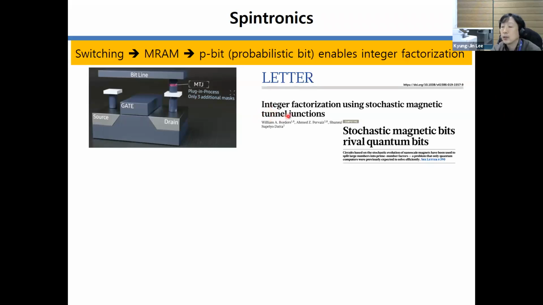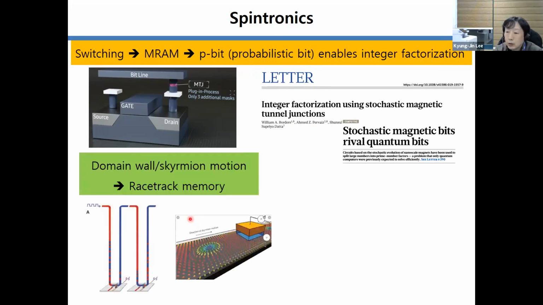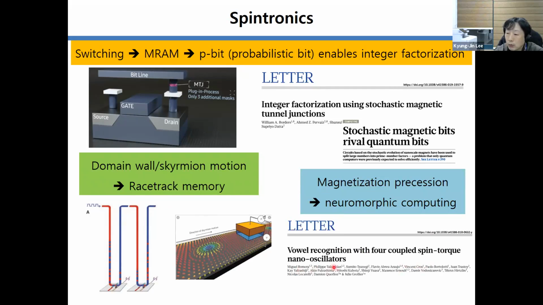One example is integer factorization using stochastic magnetic tunnel junctions, called p-bits. Also, there are ongoing efforts for realizing racetrack memories based on domain wall and skyrmion motion. And also the spin torque nano-oscillators may find use in neuromorphic computing.